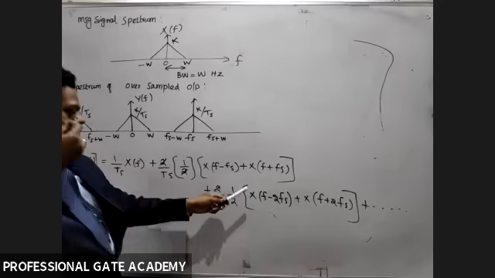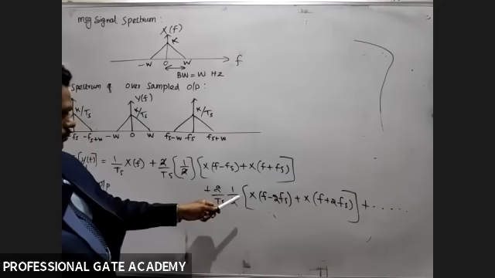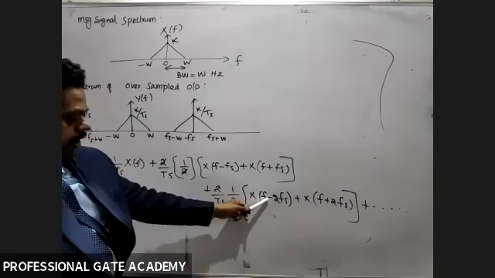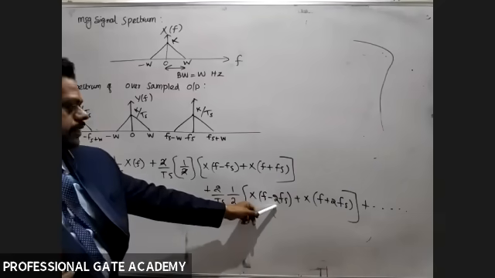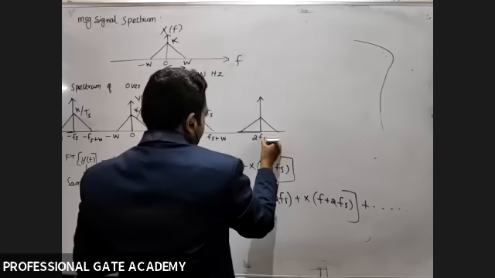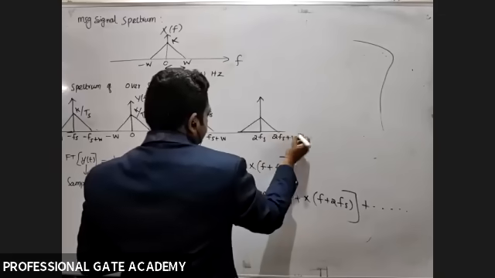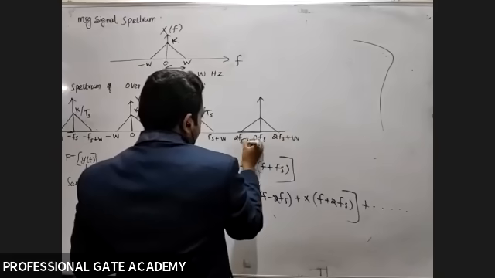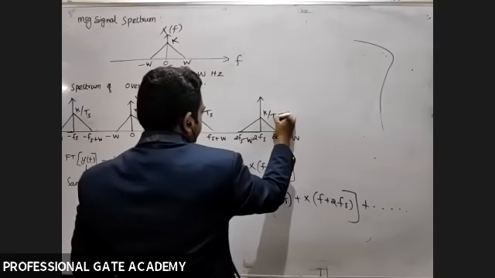Then what about the next term? X of f right shifted by 2fs. So this is 2fs plus W, 2fs minus W. This is K by Ts.